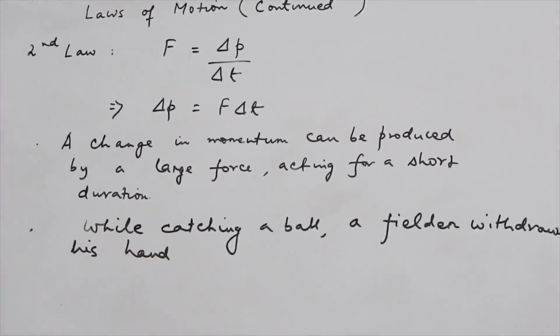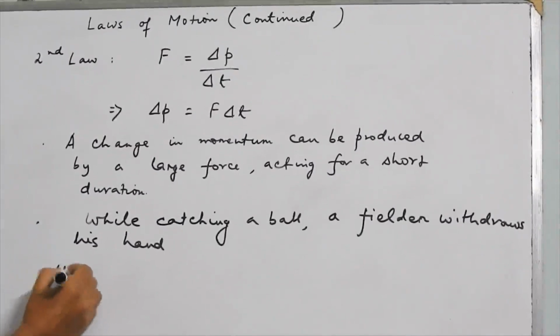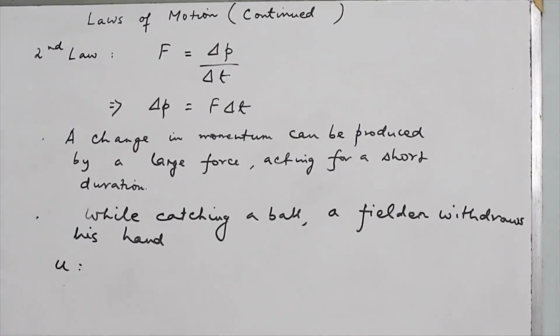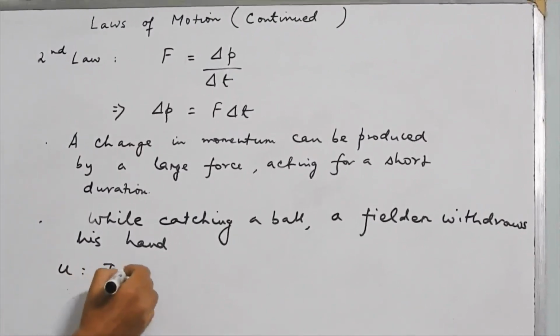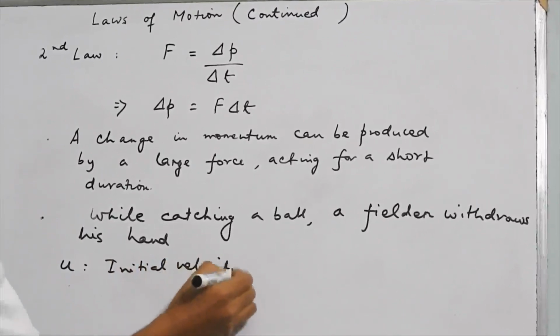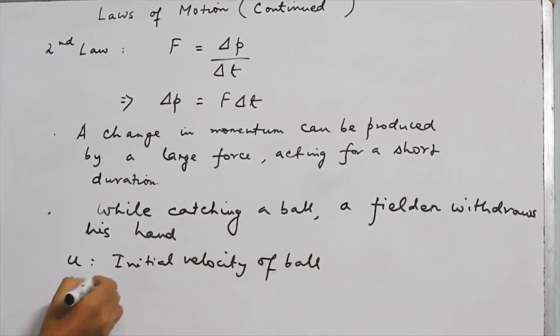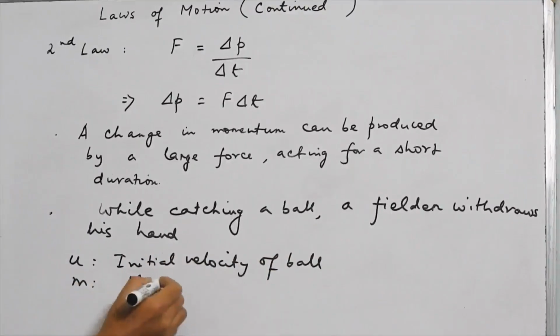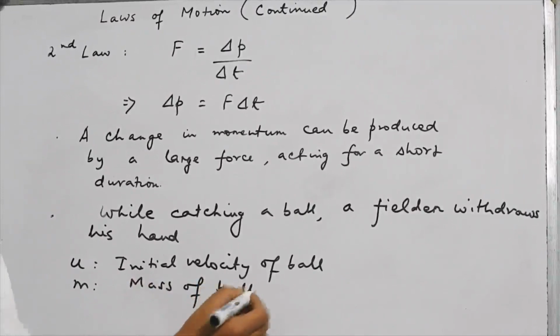Now, from a mathematical viewpoint, suppose the initial velocity of the cricket ball is u and the mass of the ball is small m.